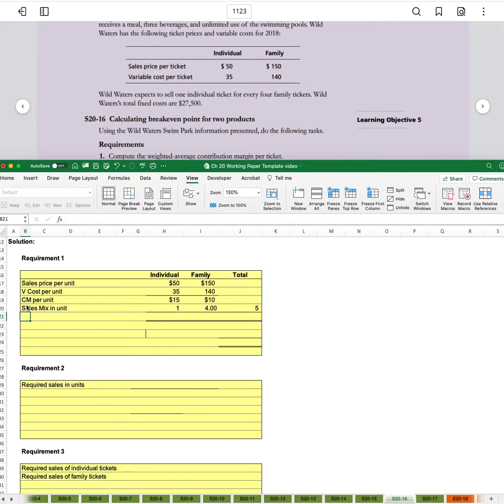And so now we can determine the weighted average contribution margin per unit by multiplying the contribution margin per unit times the sales mix in units. I'm sorry, this is just our contribution margin per unit. We're going to get to weighted average in 1 second. We'll add these together.